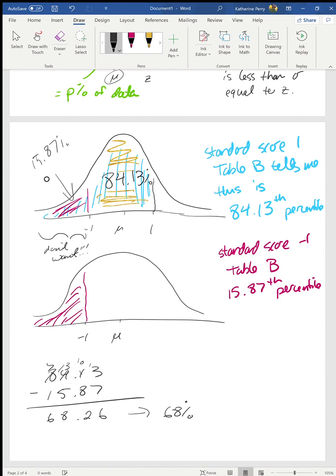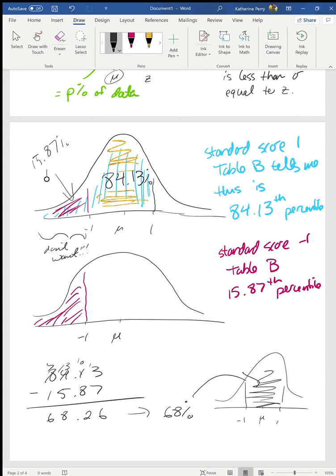And that tells me then that between 1 standard deviation to the left and 1 to the right, this area right here is equal to 68%.